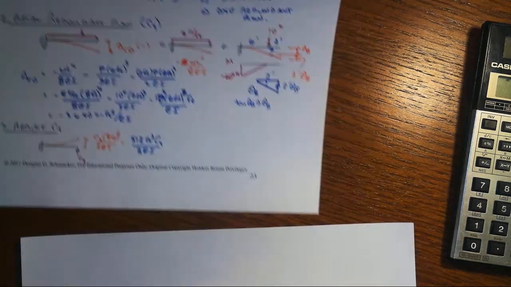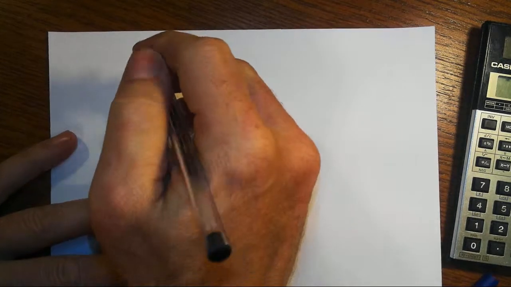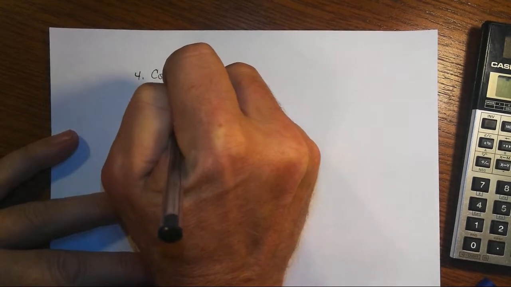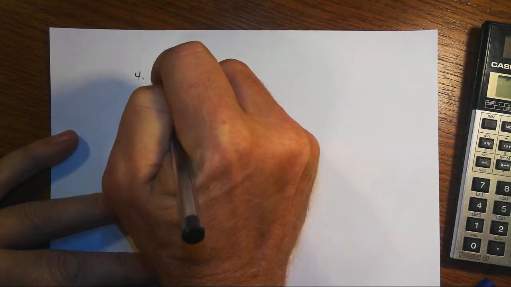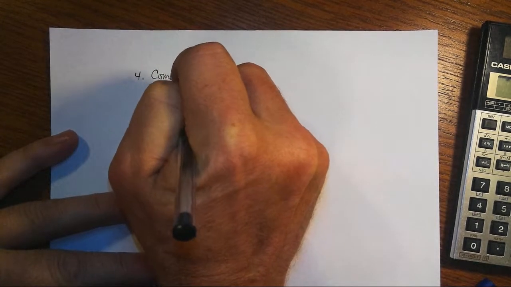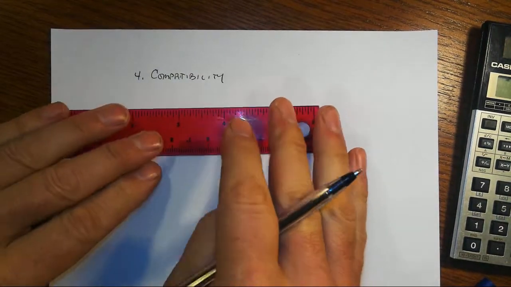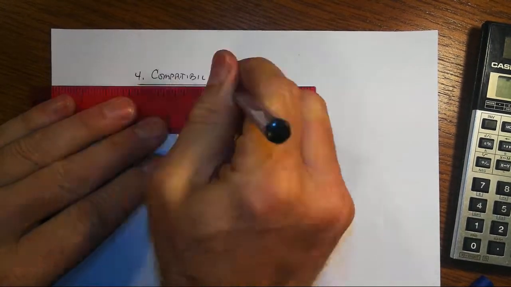And so go to the next page here. We're going to write our compatibility equation. That's compatibility in our solutions to match with what has to happen in the real structure. Right?